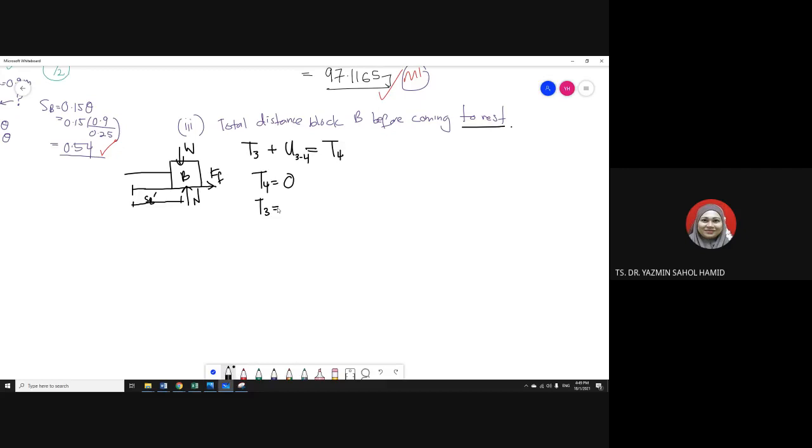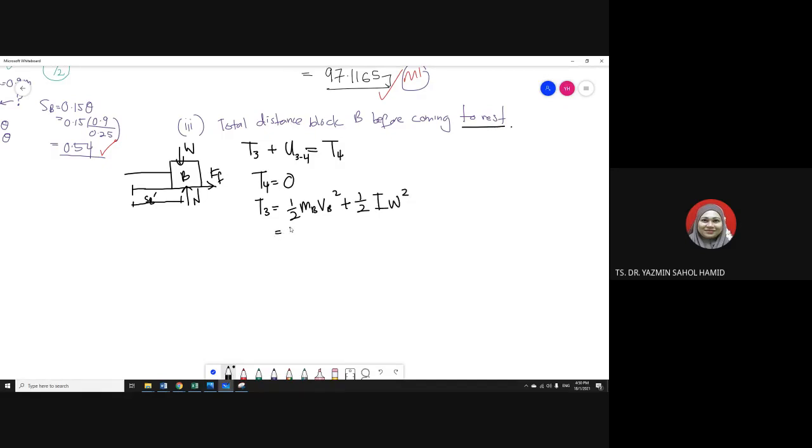Since we are only considering part of block B, our kinetic energy will be 1 over 2 mb vb squared plus 1 over 2 I omega squared.